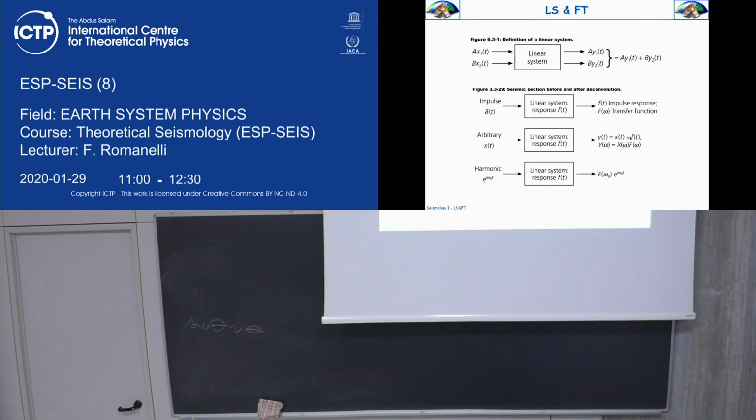Actually, we developed this idea for more complicated linear systems like a solid, and we studied the elastodynamic Green's function. It was a function of space, time, and direction. So, impulse response, arbitrary response by convolution with the Green's function.